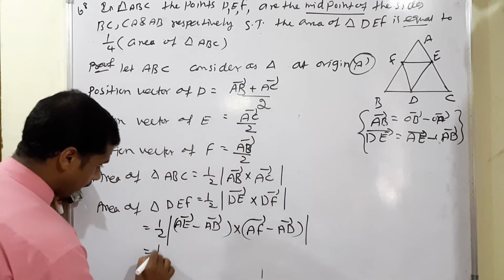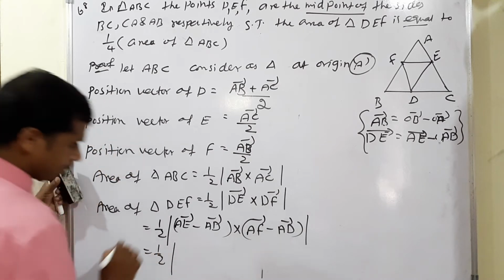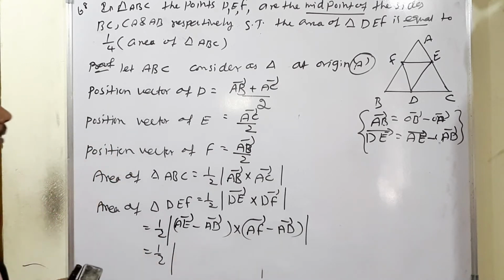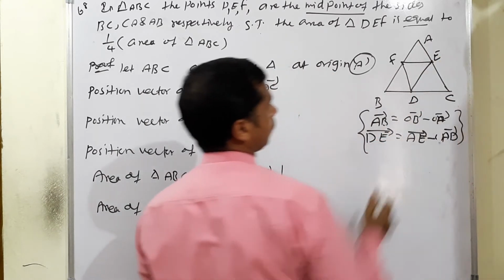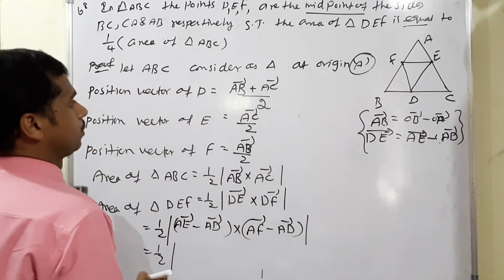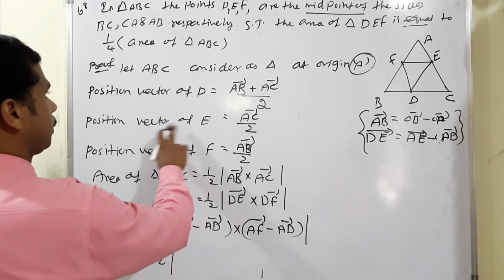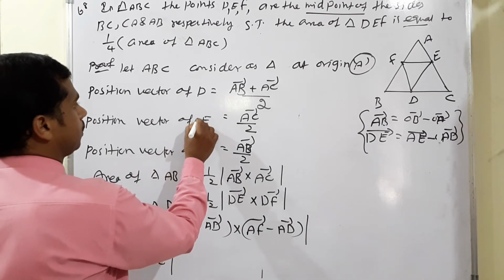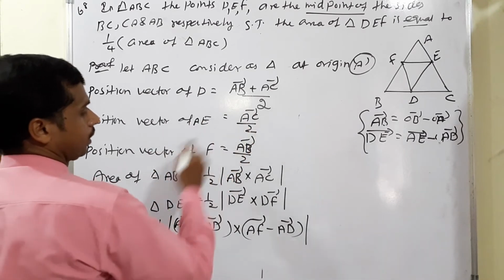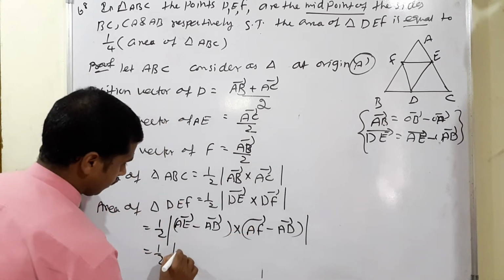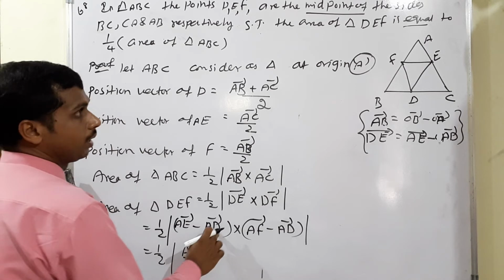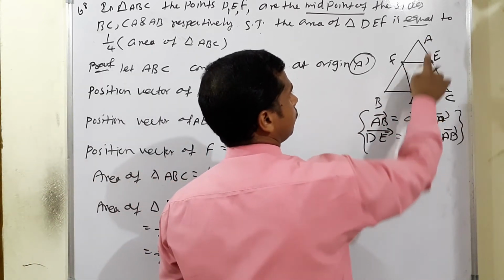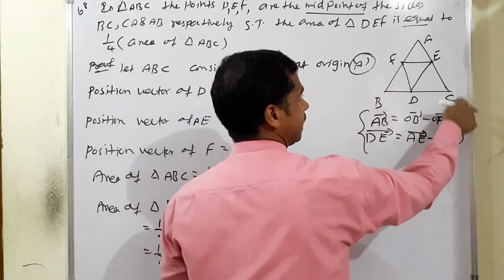Now again 1 by 2 constant, then AE vector, so AE means AC vector divided by 2, isn't it? So this is considered for AE, AC vector divided by 2. So AC vector divided by 2 minus AD vector, where AD vector means AB vector plus AC vector divided by 2.